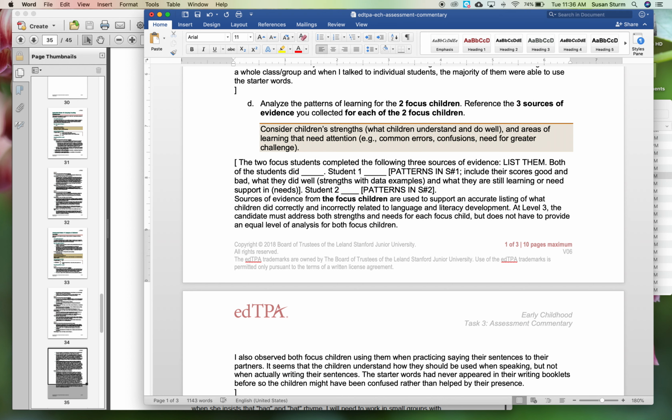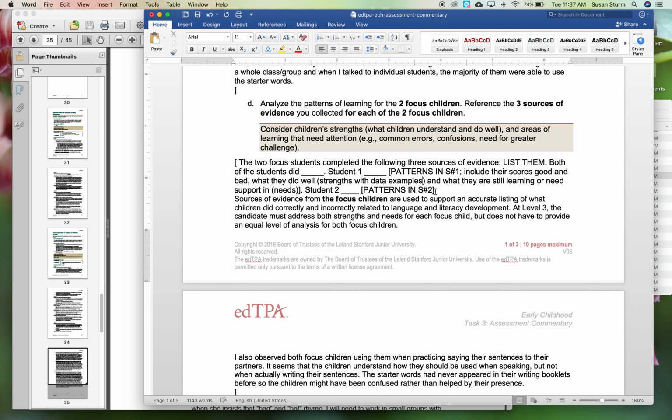For example, the student wrote, it was a sunny, warm, and muggy day outside. The 3 descriptive words that they used were sunny, muggy, I forgot the other one I said. So put in exact quotes that show that that's a strength.